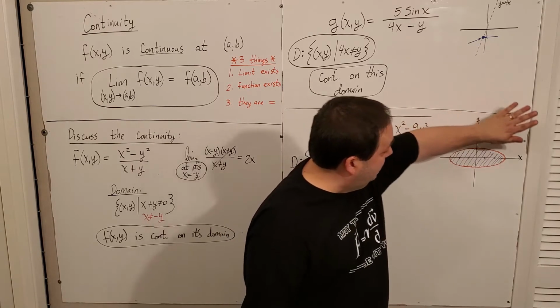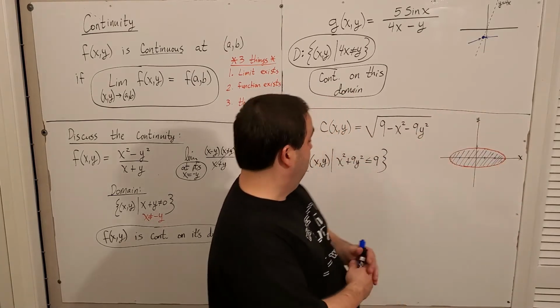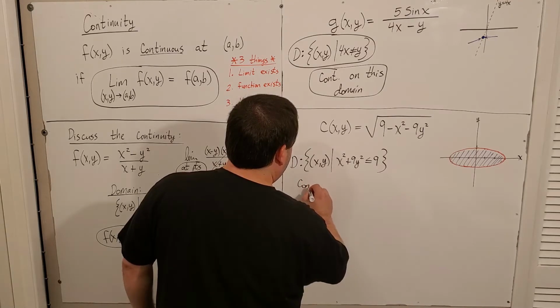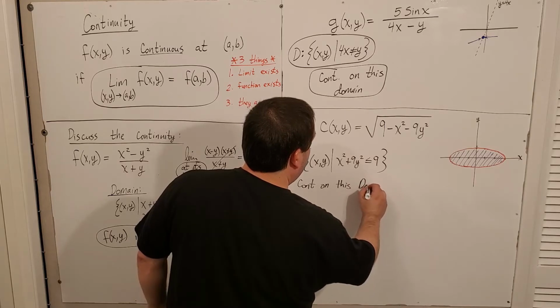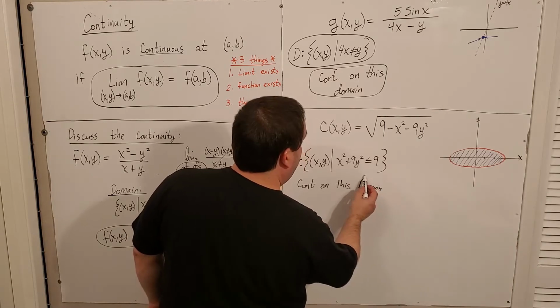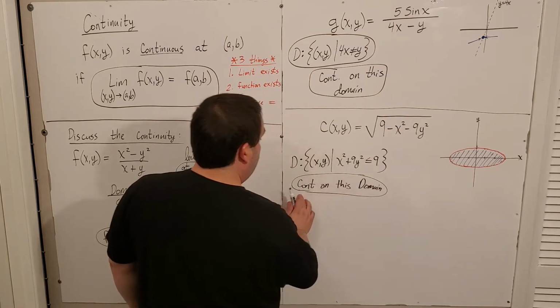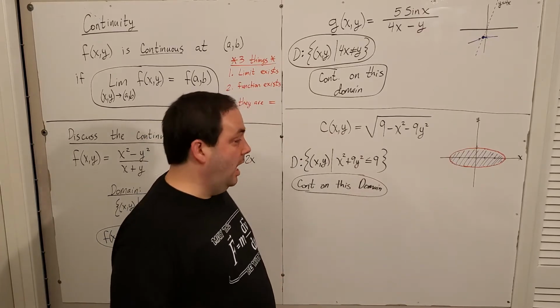There's complete non-existence of anything to do with this function outside of there, okay? So this one also is continuous on its domain, right? You'd have to have a pretty messed up function to not be continuous on its own domain, right? That's a completely different discussion in an advanced calculus topic.